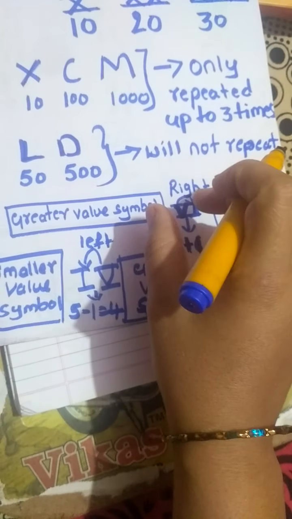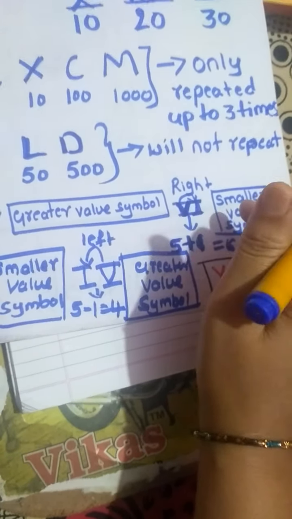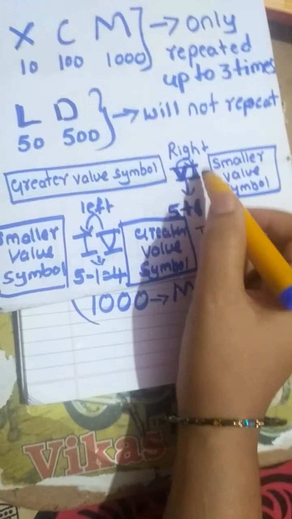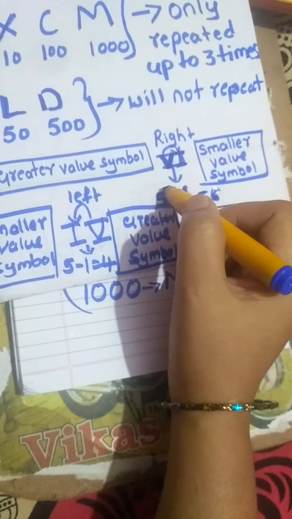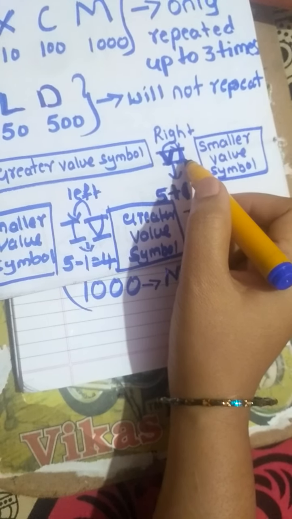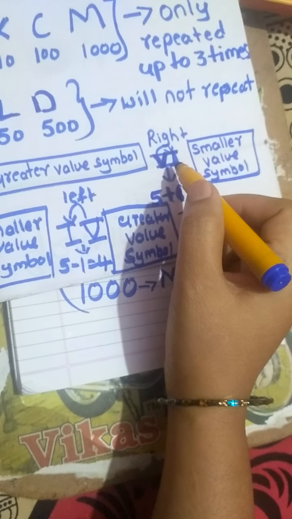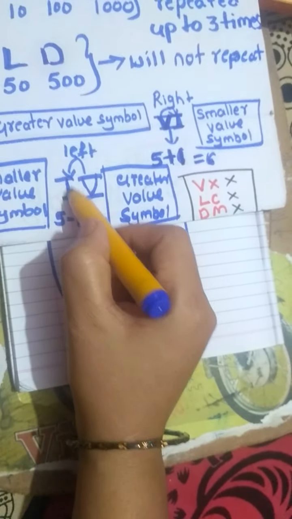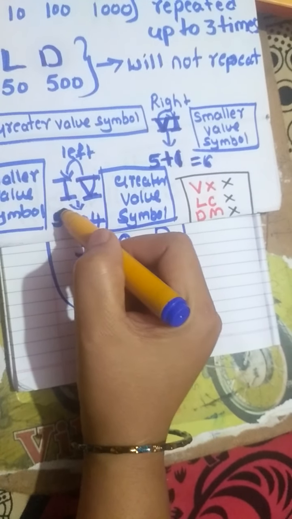Right after the greater value we have written 1, so the number is added. When will it add? When we write a smaller value to the right of the greater value, it will be added. Next, when we write a smaller value to the left of the greater number, that will be subtracted.